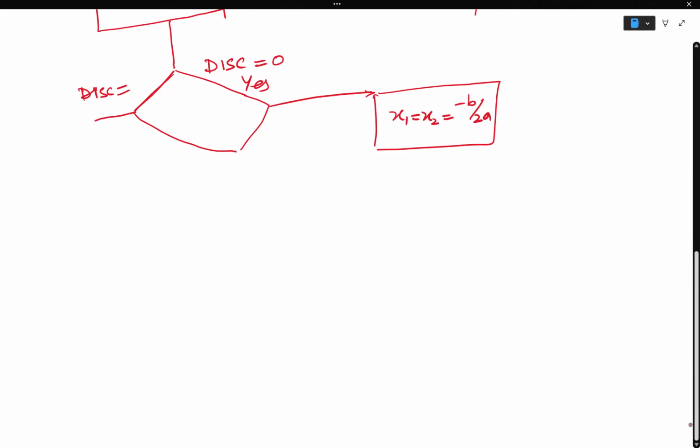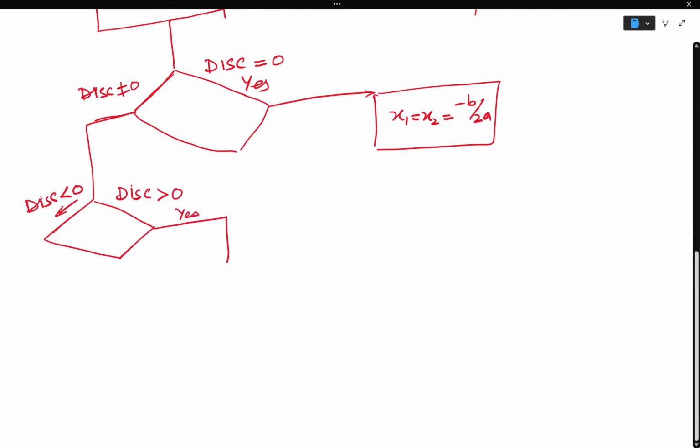If the discriminant is not equal to 0, then we have to consider two conditions, right? So either the discriminant is greater than 0, or the discriminant is less than 0. If it is greater than 0, then we will calculate distinct x1 and x2, right?